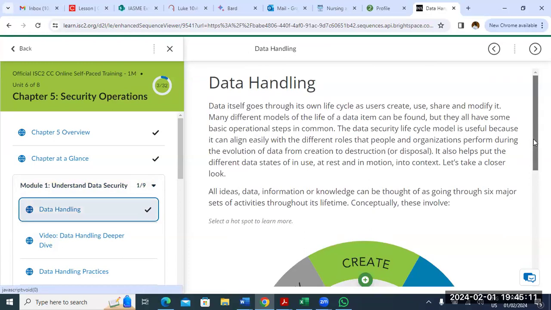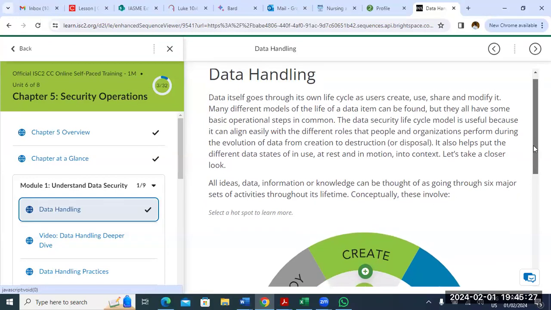That's important. And data itself goes through its own life cycle as users create, use, share, and modify it. Many different models of life of a data item can be found, but they all have some basic operational steps in common.